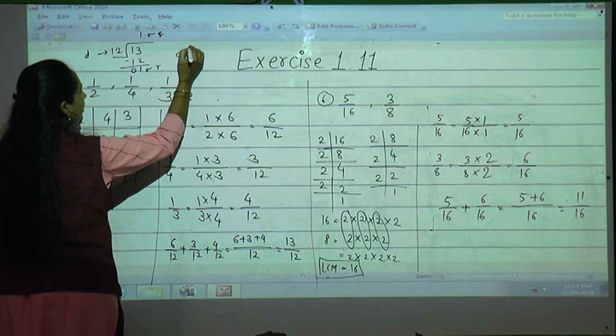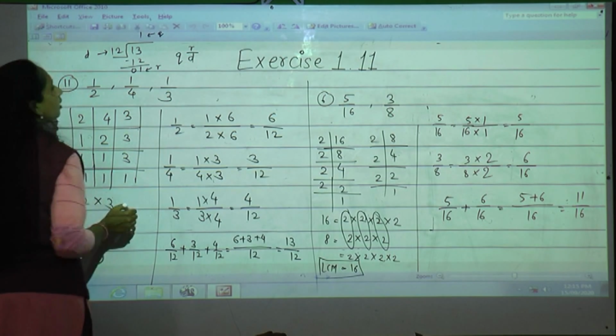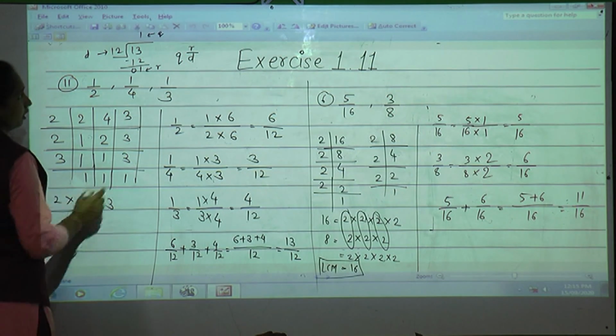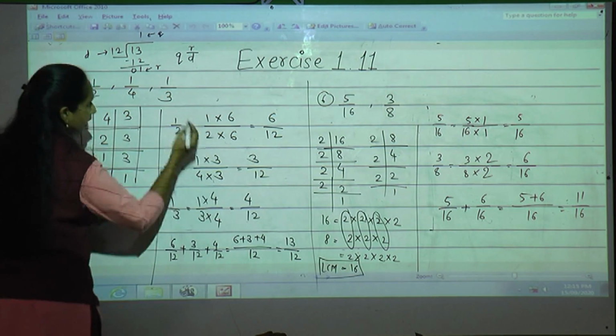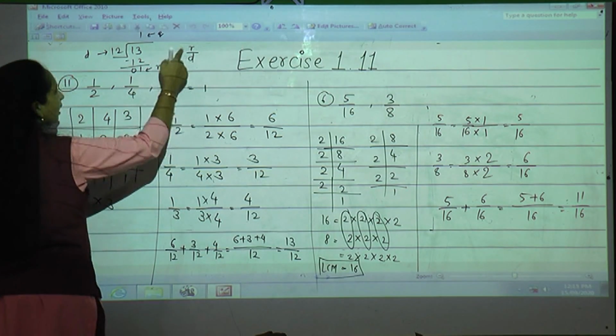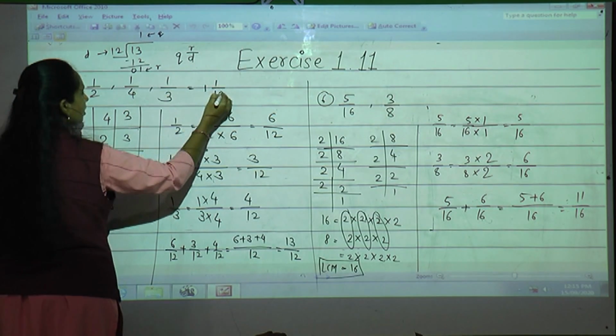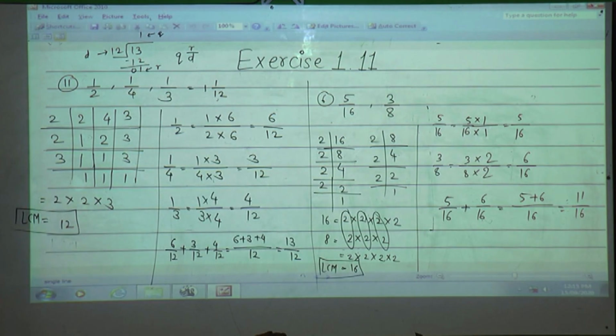So quotient, remainder divided by denominator. So what is quotient? 1. So here I will write the answer 1 and the remainder is 1 divided by denominator is 12. So this is the answer. Okay. So you write once again the question at the bottom and is equal to, write the answer.